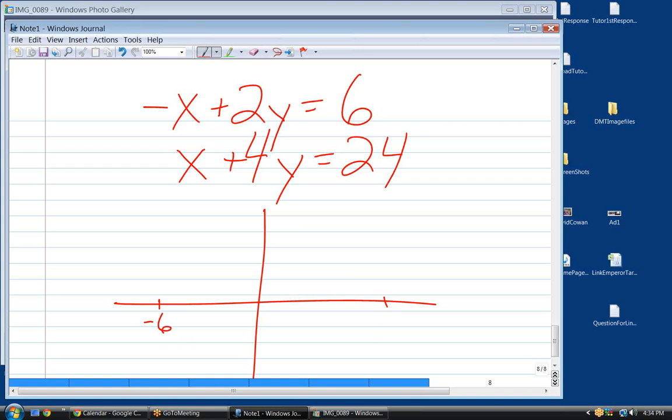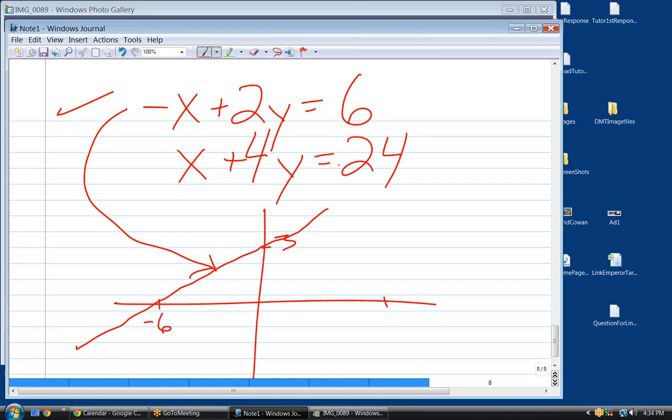The y-intercept is where x is equal to 0, so the y-intercept is 3. So that's that line. That's this equation right there. These are both linear, so they're both straight lines.